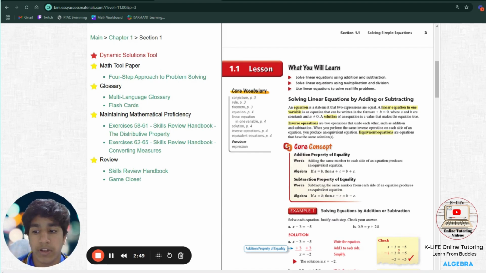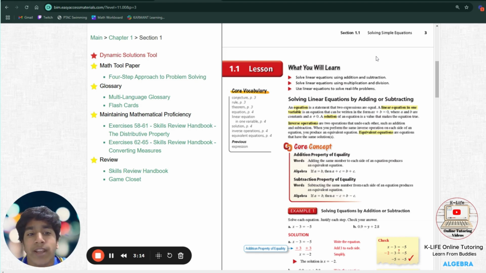A linear equation has one variable and is written in the format ax plus b equals 0, where a and b are constants and a is not 0.